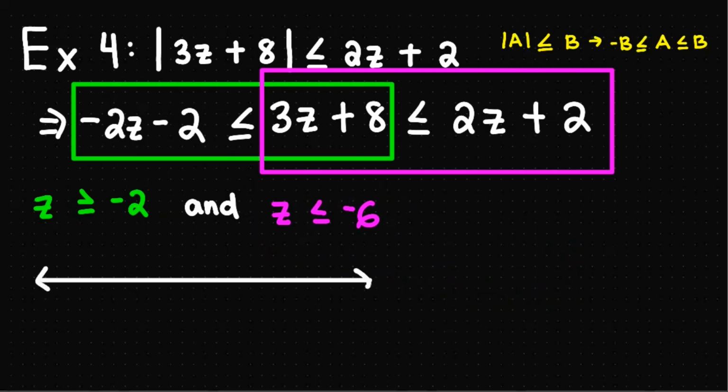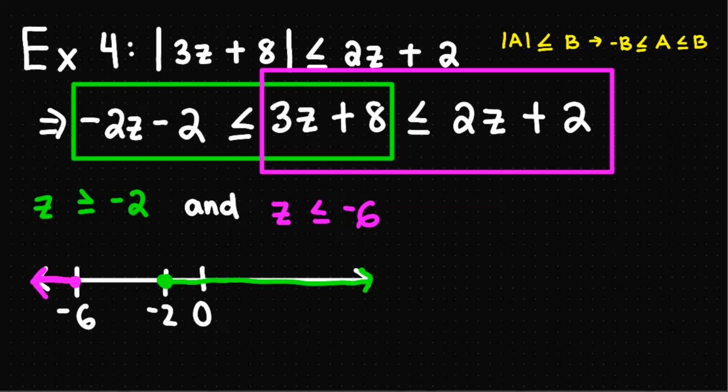And let's say if 0 is out here, then probably negative 2 is around here, and negative 6 is around here. Now sketching this one, we know that z is greater than or equal to negative 2 would be represented by this out here. And for the next one, z is less than or equal to negative 6 would be represented by this one out here.